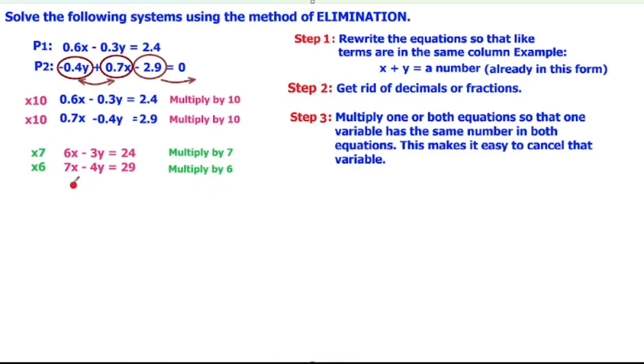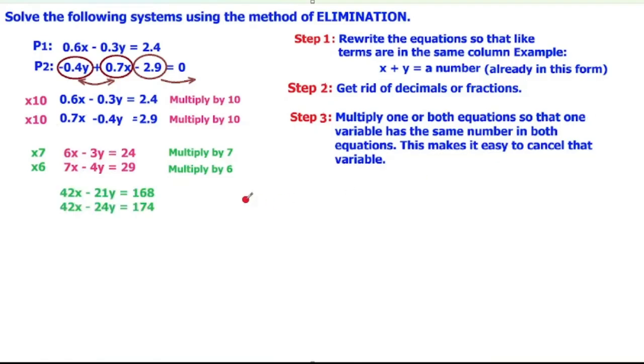So we're going to try to get rid of the x's. So to do that, we have to make the variable here the same as the variable here. So for this one, we multiply this by 7, and for this one, we multiply this by 6. So we multiply all the way through.